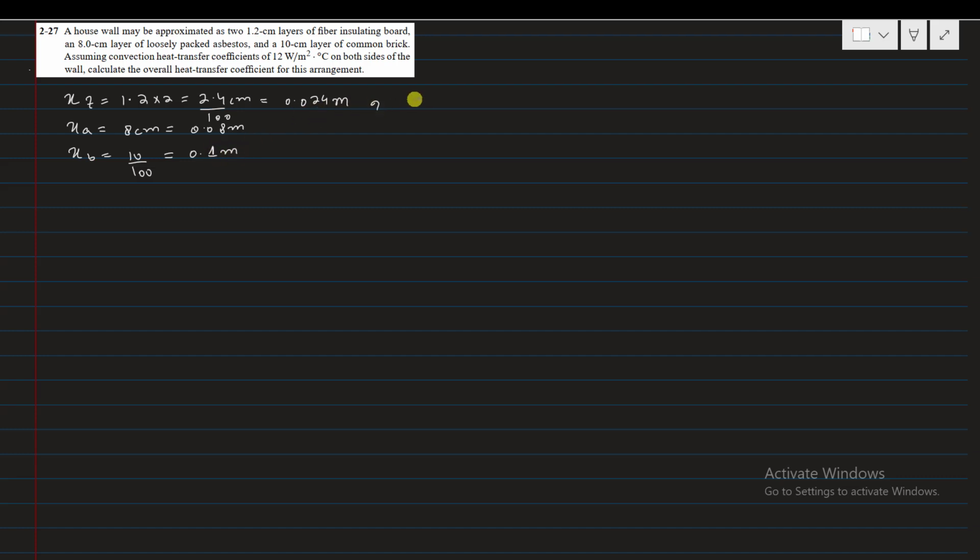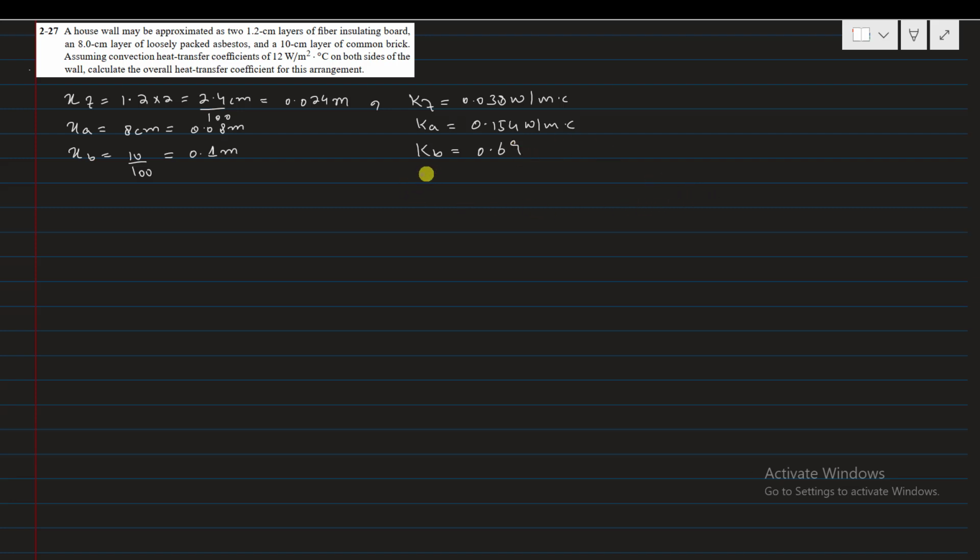Okay, so the thermal conductivity for fiberglass you can see from the table, but in an exam it will be given in the statement or at the end of the statement. So KF will be 0.038 watt per meter centigrade, and for asbestos the thermal conductivity is 0.15 watt per meter centigrade, and for brick the thermal conductivity is 0.69.